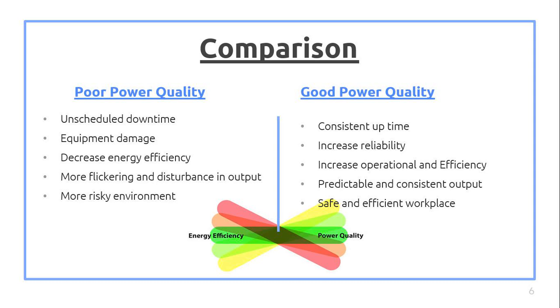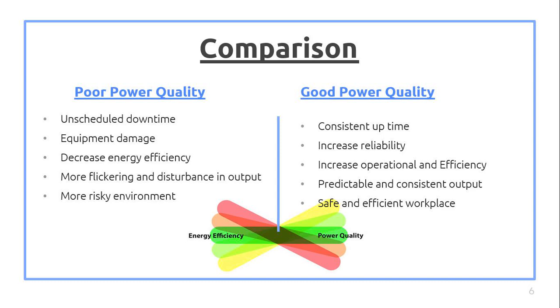and good power quality. The difference is that due to poor power quality, you get unscheduled downtime in your industries, equipment damages, decreased energy efficiency, more flickering and disturbances in output, and a more risky environment.